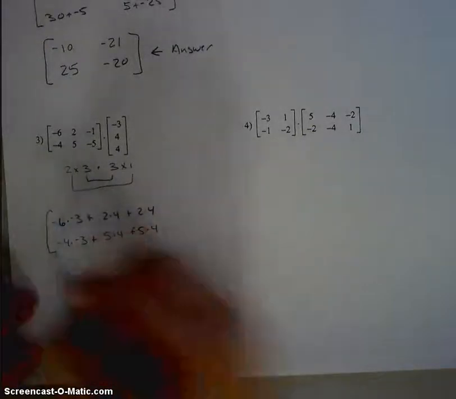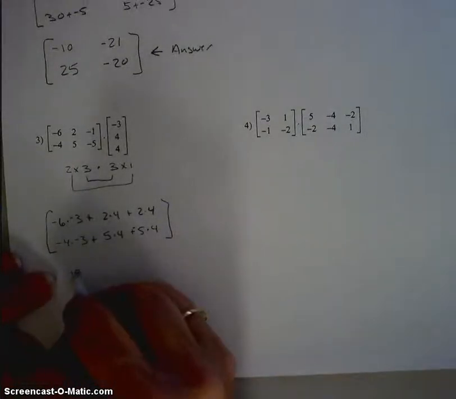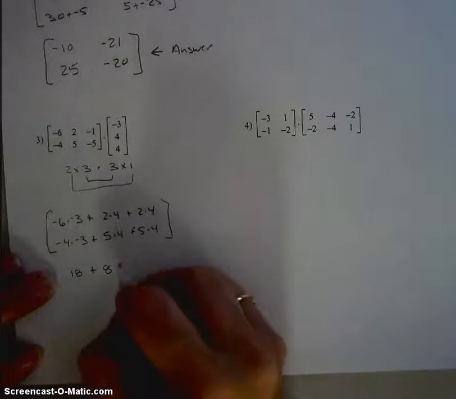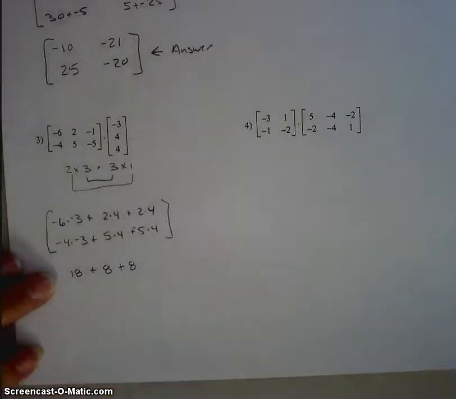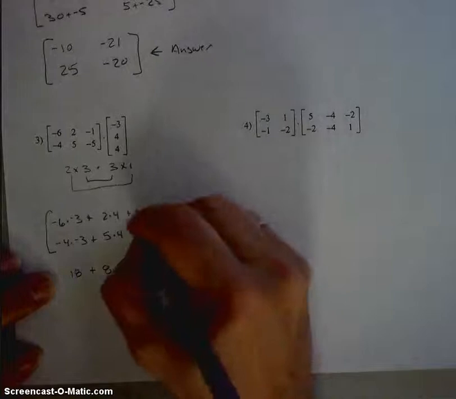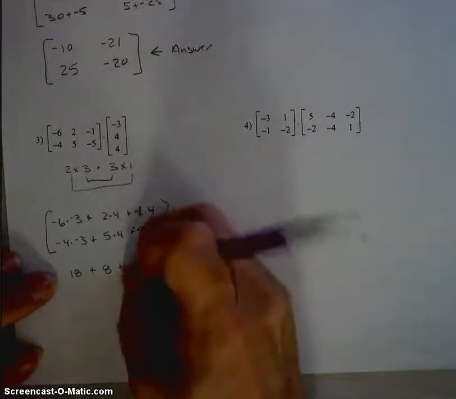Okay, so let's simplify this. Negative 6 and negative 3 gives me positive 18 plus 8 plus 8. Okay. I skipped it. This was a negative 1. I'm sorry. So this should be negative 1 times 4. Okay. So that's going to be plus negative 4.